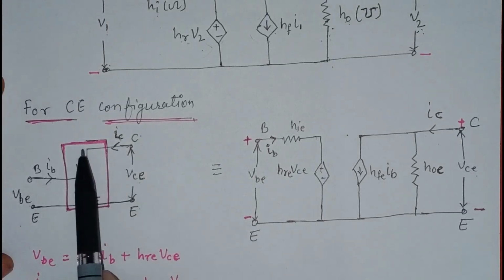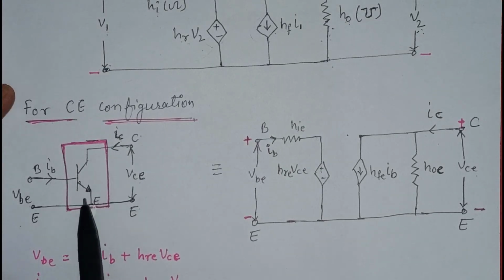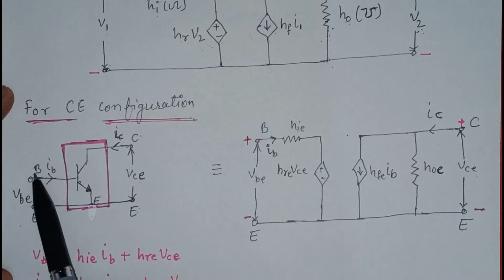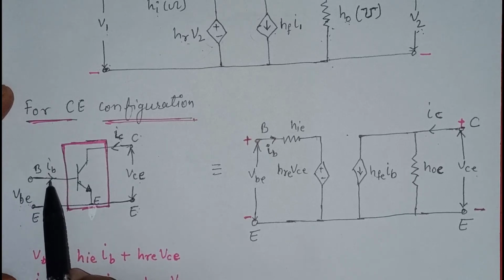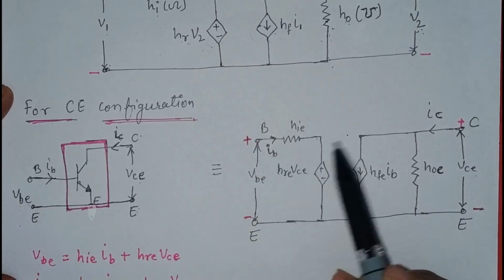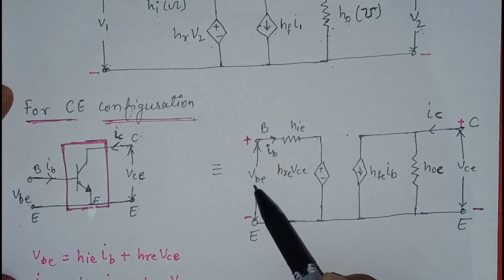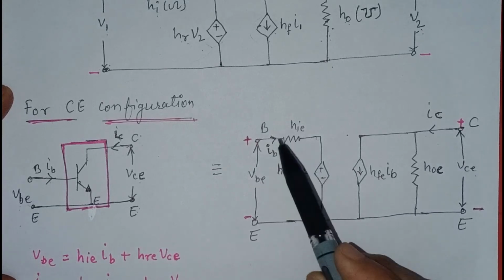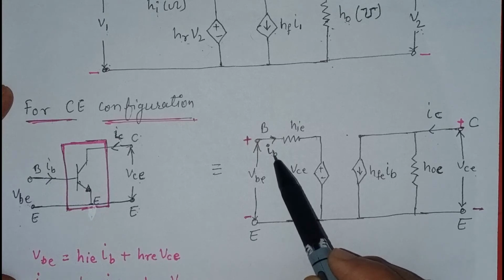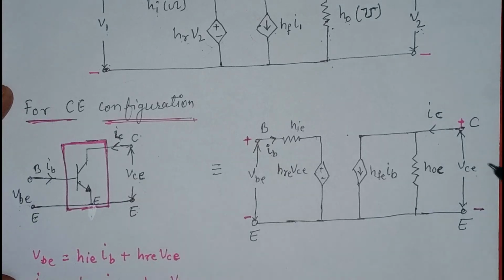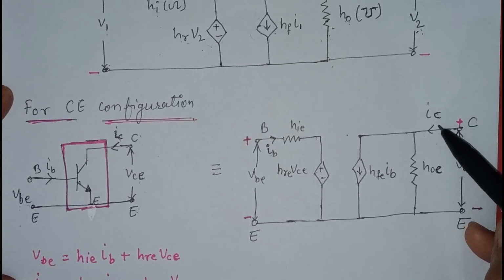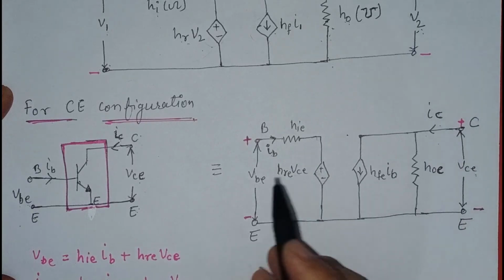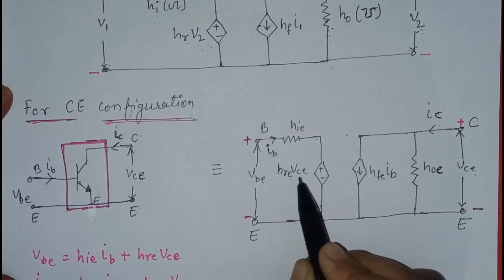Here we can see this box represents the transistor CE configuration. Here this is the input port and this is the output port. So the input voltage here is VBE and the input current is IB. So in this general model we have to just put VBE in place of V1 and IB in place of I1, and on the output side V2 is VCE and I2 is IC. All other parameters are HRE VCE.